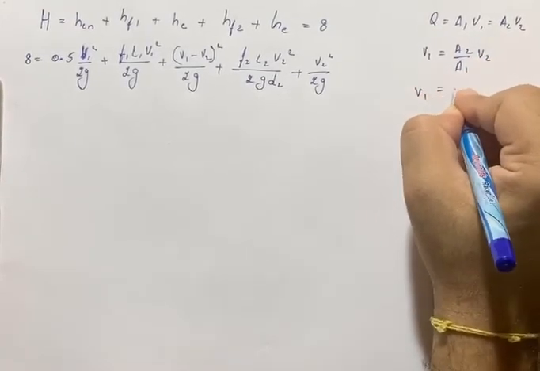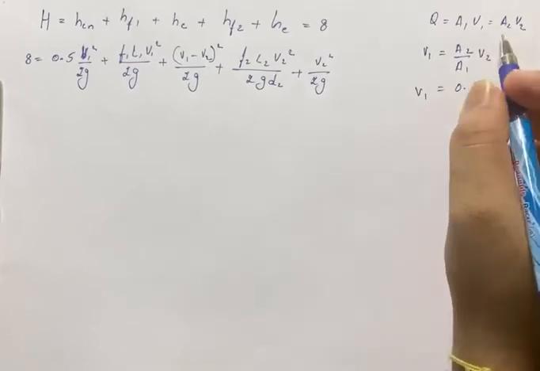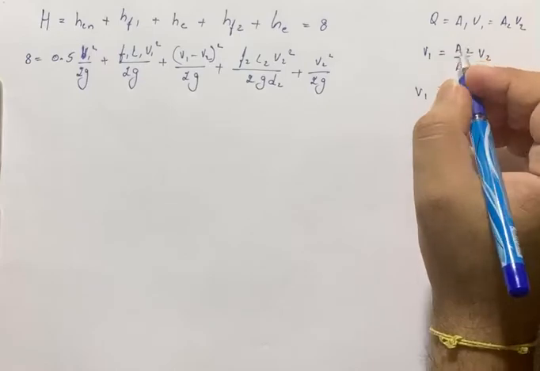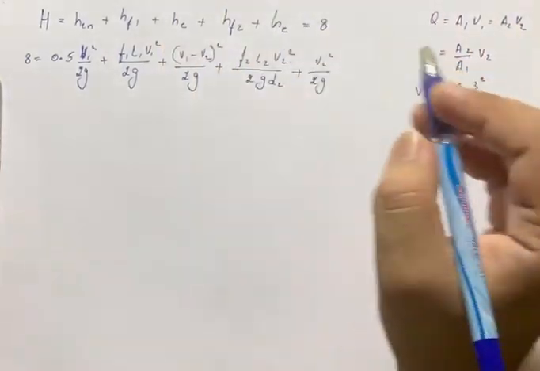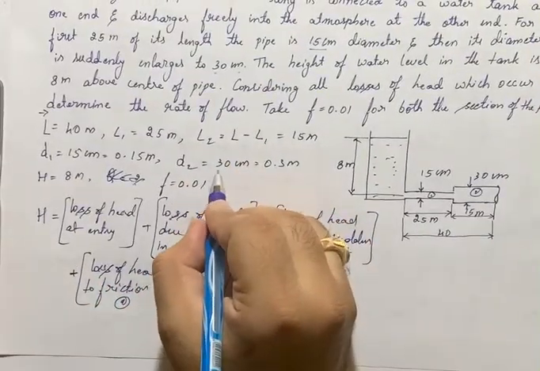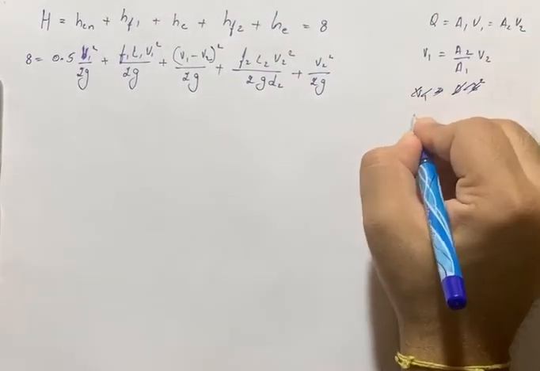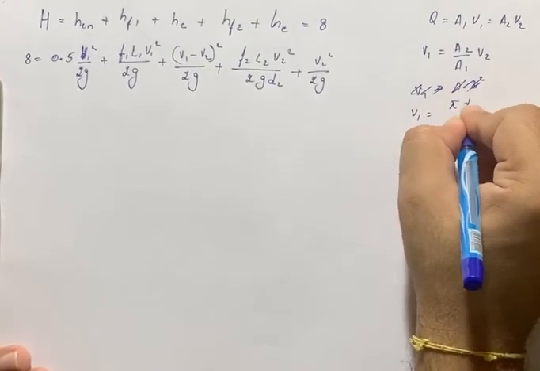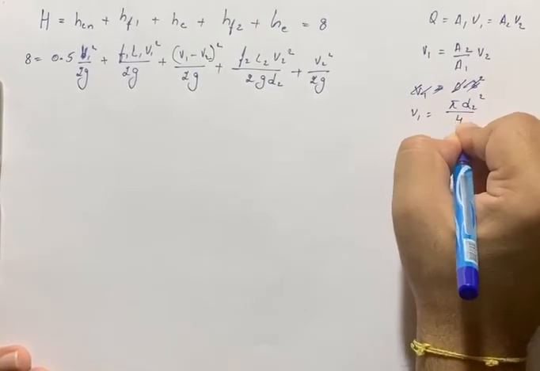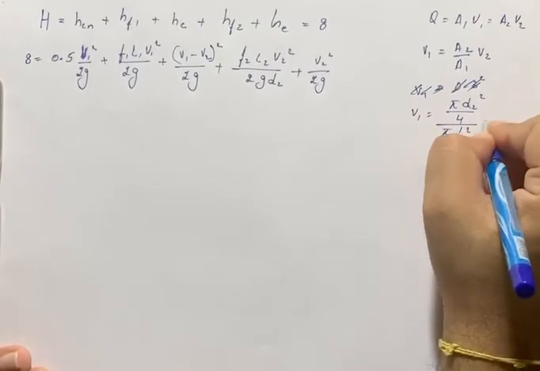So V1 is what? A is pi D square by 4, and here D is 0.3 for one section and 0.15 for the other. Let me elaborate and write here. V1 is pi D2 square divided by 4, whole divided by pi D1 square divided by 4, into V2.